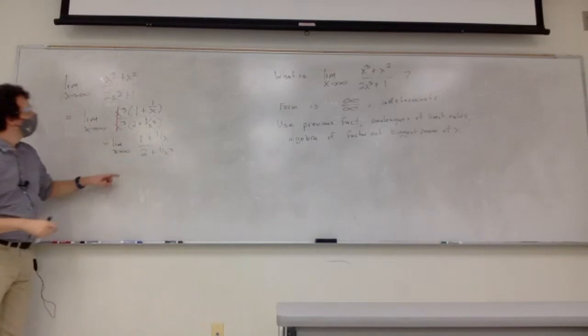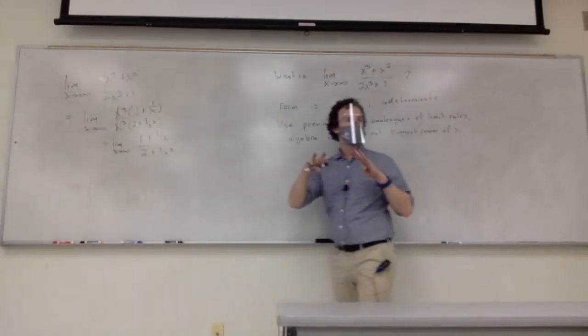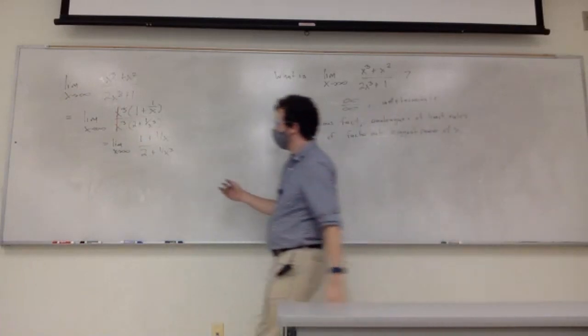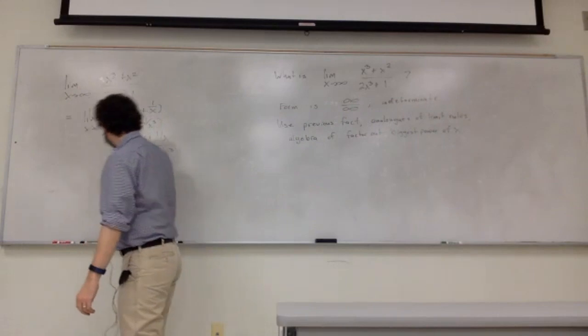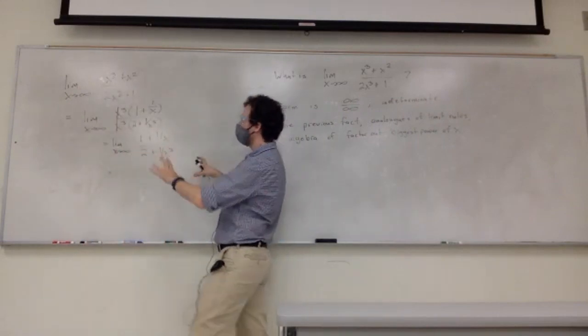This is the place where we can use limit rules because each of these 4 things, the limit of them exists individually. So instead of taking the limit of this thing, let's take the limit of the 4 smaller pieces.